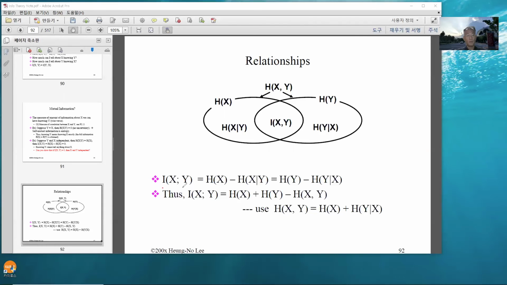So mutual information between X and Y can be written this way or that way.